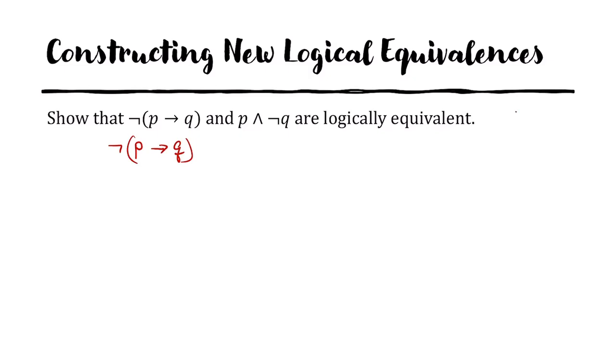Well, we know that P implies Q is equivalent to not P or Q. This is the one I highlighted and asked you to memorize. So here we will have not (not P or Q).